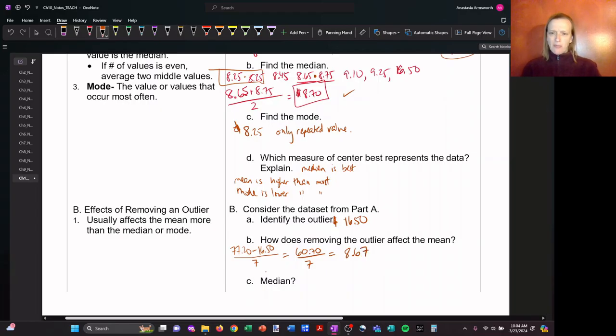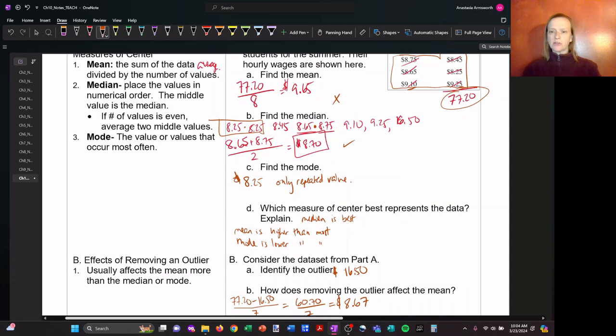If I compare that to the value that I had before, I had $9.65 before, and now I have $8.67. So my mean decreased by 98 cents. So in this example, by removing this really high outlier, I decreased my mean by a substantial amount.